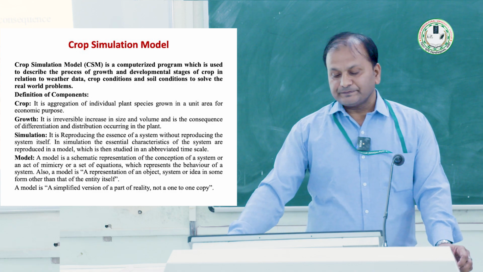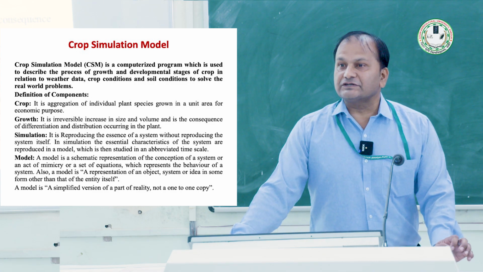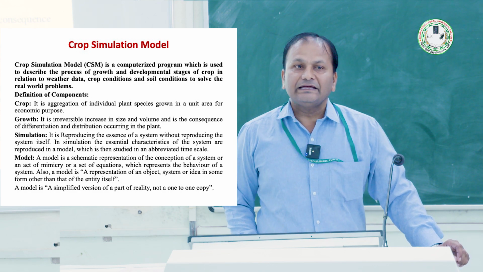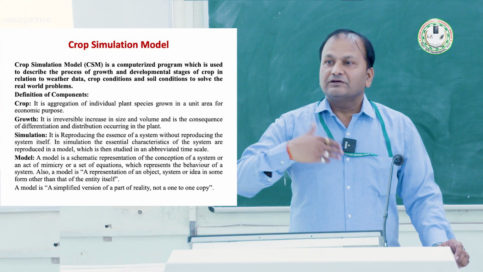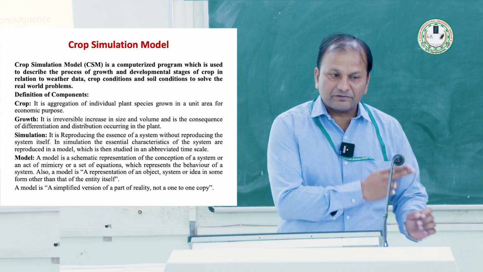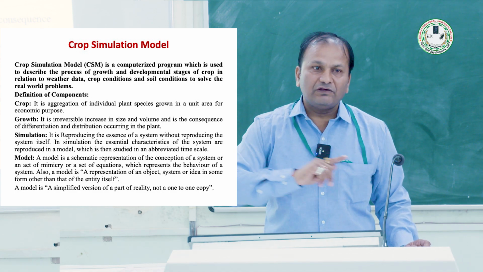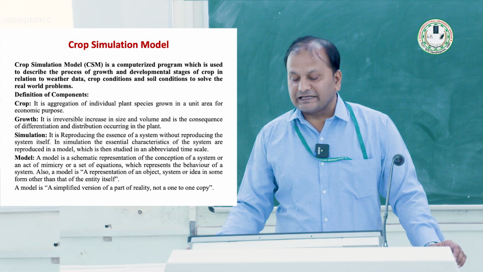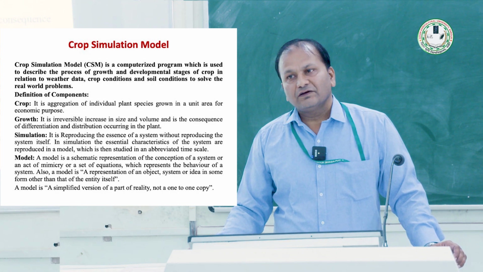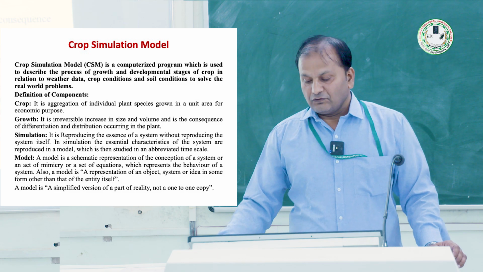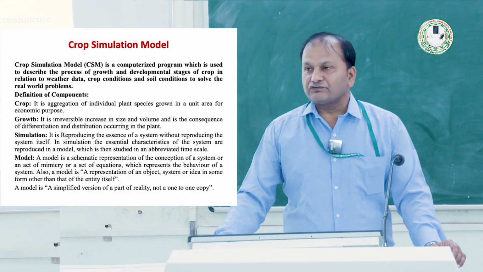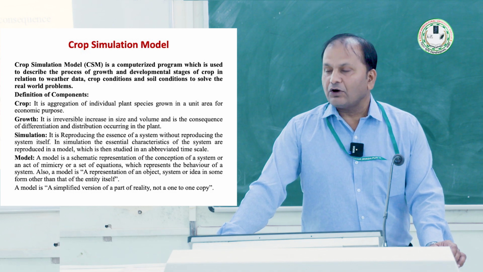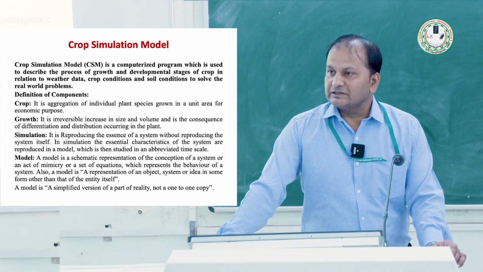Second is growth. What is growth? Growth is irreversible. There are two types of equation, reversible and irreversible. Reversible means both directions; irreversible means only one direction. So growth is an irreversible increase in size and volume, and is a consequence of differentiation and distribution occurring in the plant.